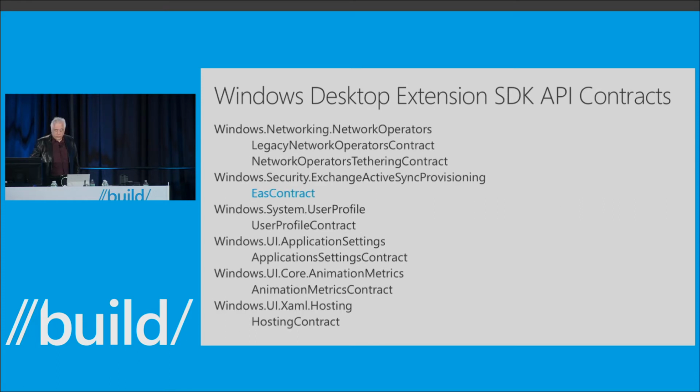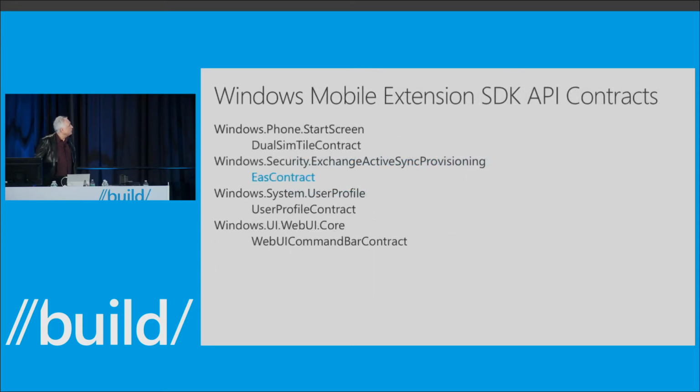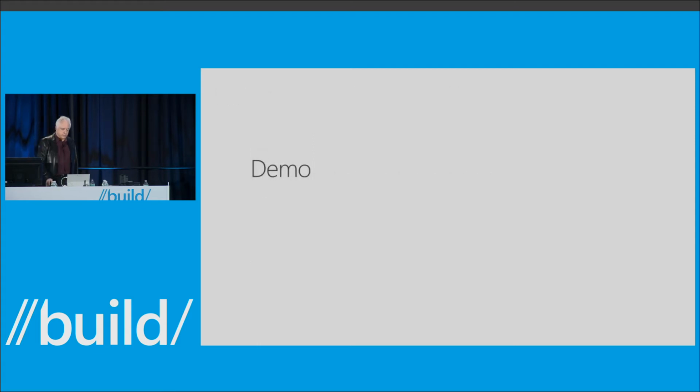We're going to come back to playlists in a second because I'm going to use that one. These are pretty niche areas. All the other APIs are universal. So this gives you an idea. And then here's the mobile extension SDK. It has some of the same ones. IoT, the PPI, they each have just one. Most APIs are universal. There are only these little niche-y things that are not universal.